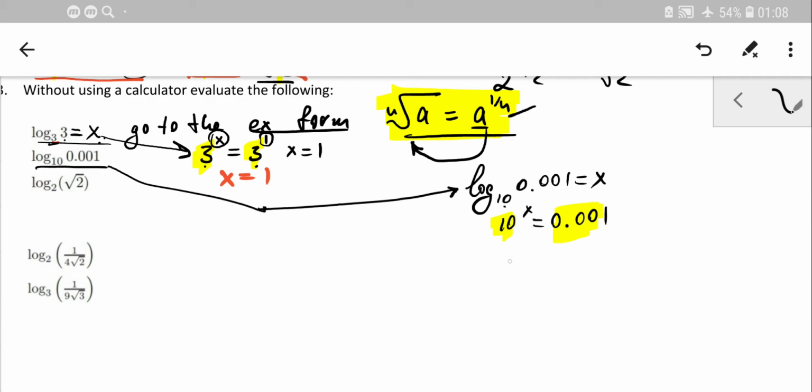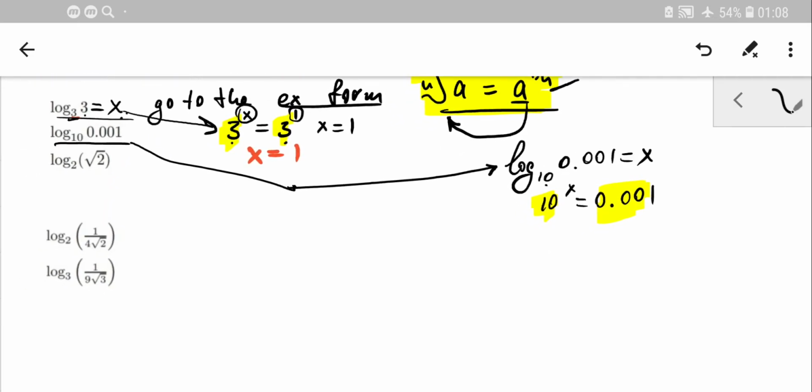Okay, guys, what do you need to do? Just remember how you solve equations with exponents, or power equations. You just need to say that we need to align bases. So this 0.001 is simply 1 over 1,000.